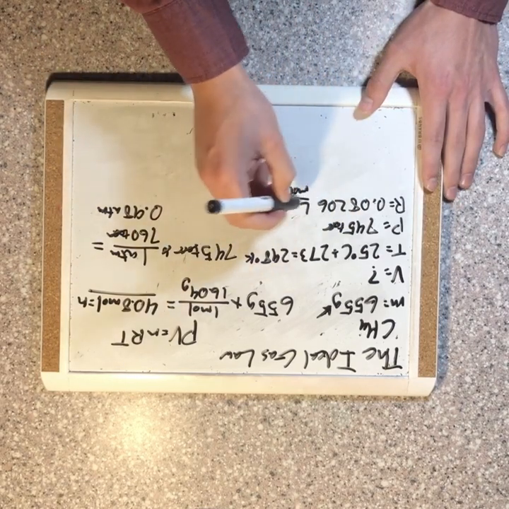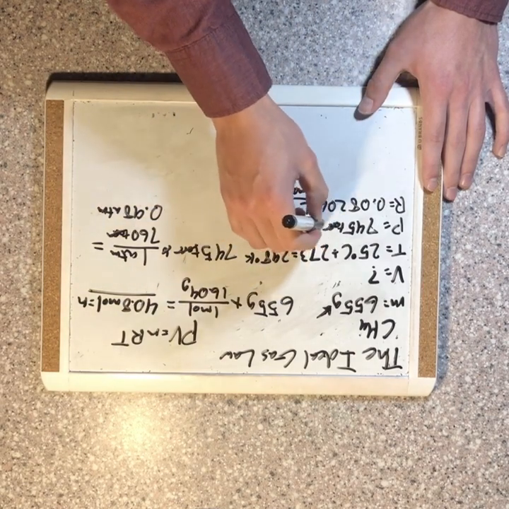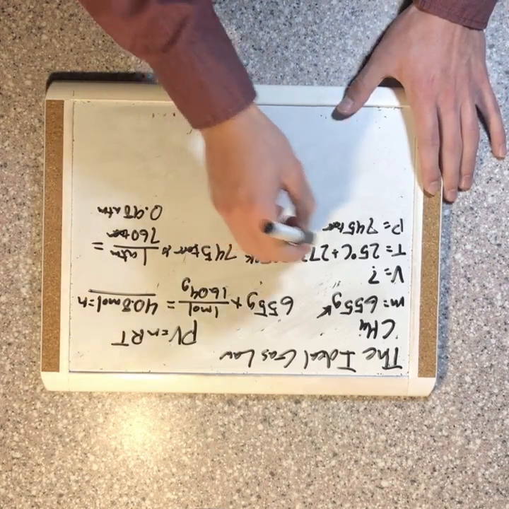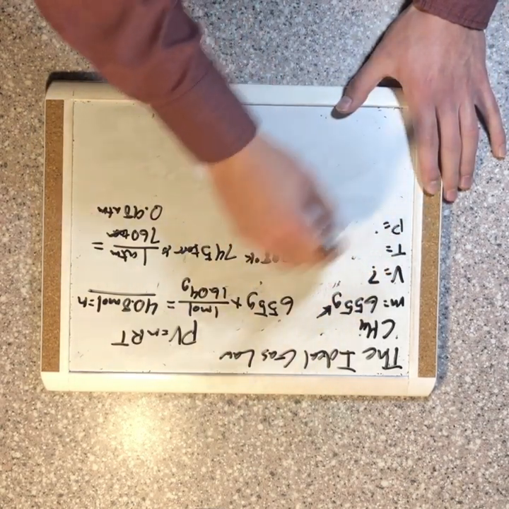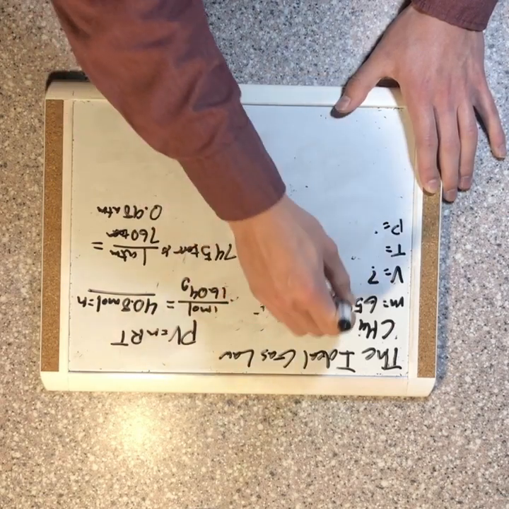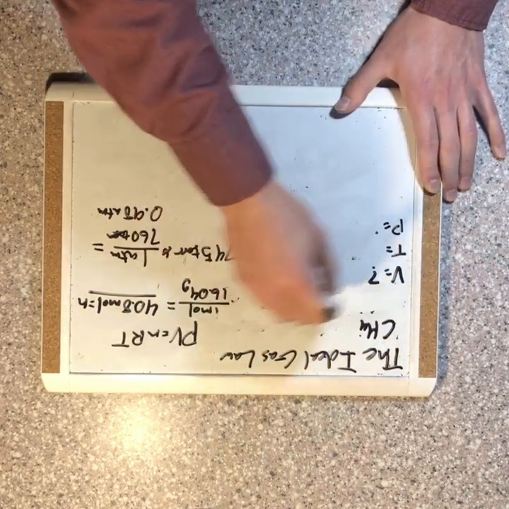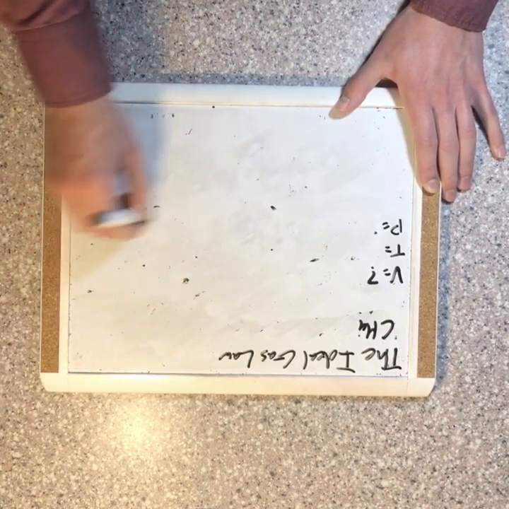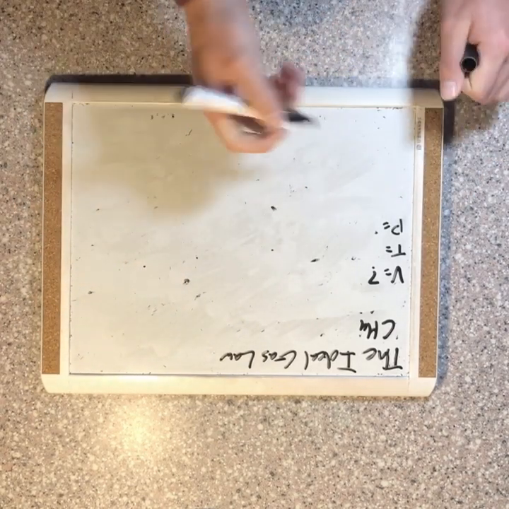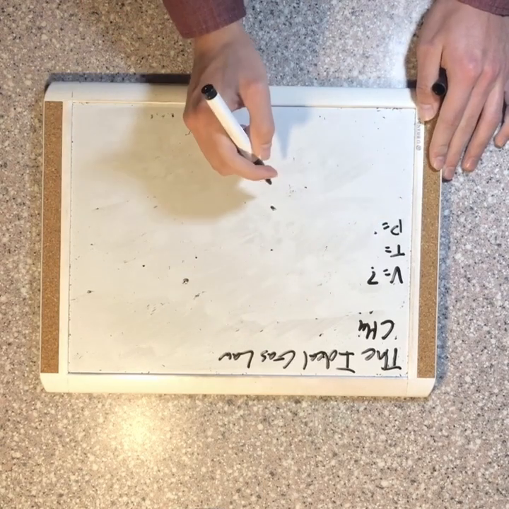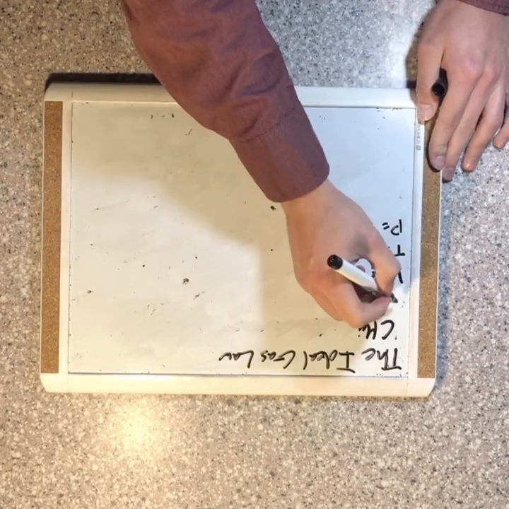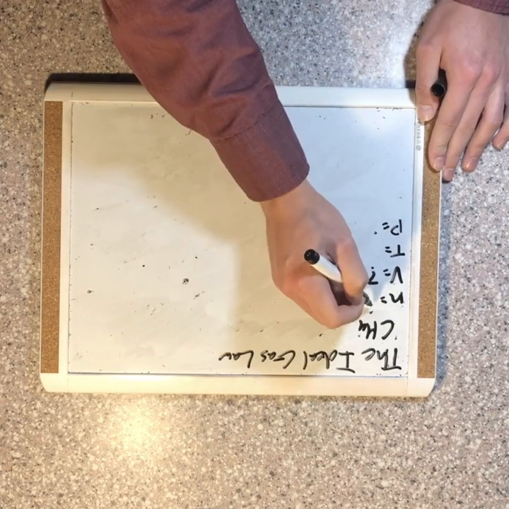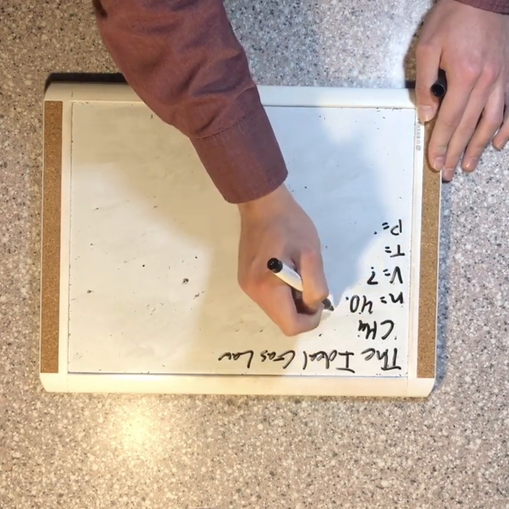Now that we have those values, let's go ahead and clear up some space and solve for our volume. All right, so once again, our value for n is 40.8 moles.